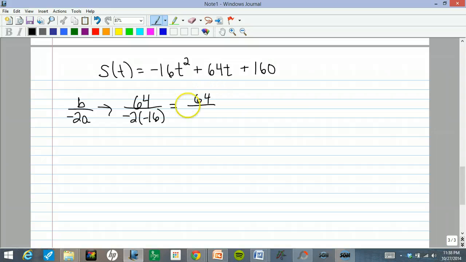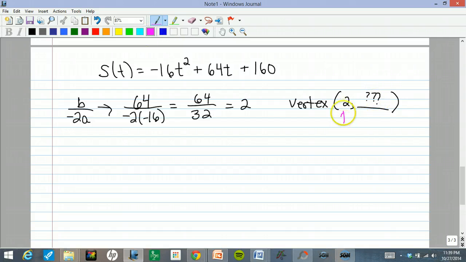And this makes 64 over 32, which is 2. Alright, so our vertex, or likewise our axis of symmetry, is x equals 2, comma, I don't know right now, but we'll use that value 2 and we'll substitute it into our function.